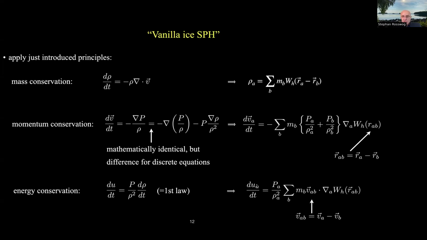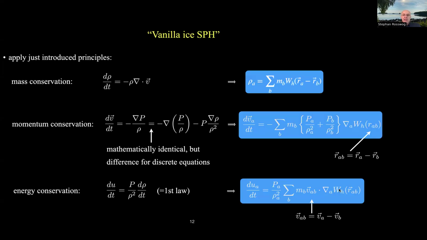Now this u, I'm not sure I've said it, but it was on one of the previous slides, is internal energy per mass, and it evolves according to this formula. Again, we're summing over neighbor particles. Here v_AB means v_A minus v_B, and this is dotted with the gradient of the kernel function. With this, we already have a valid equation set that conserves everything by construction.